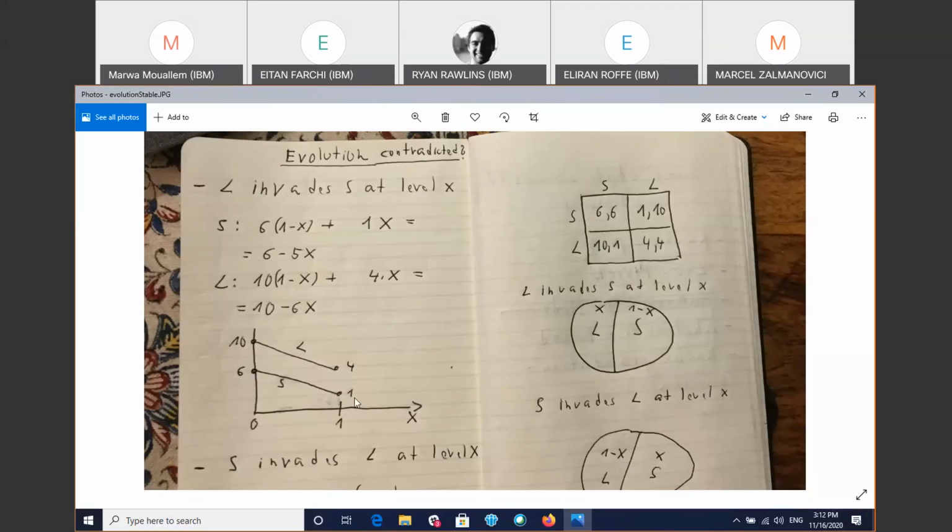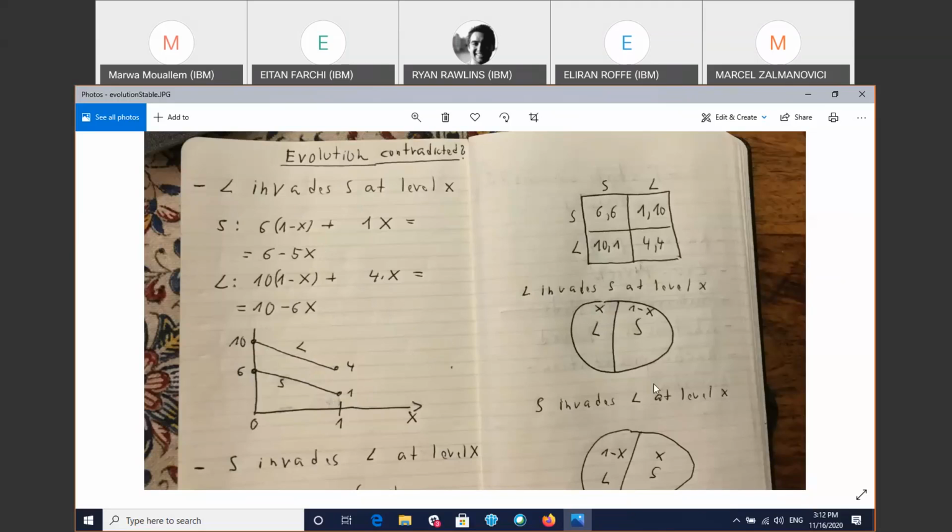So overall, we're going to say that S cannot block the invasion of L. So conceptually, L will grow bigger, and L will be more fit, and as a result, the percentage of L is going to grow and grow and grow indefinitely until it becomes totally an L world.